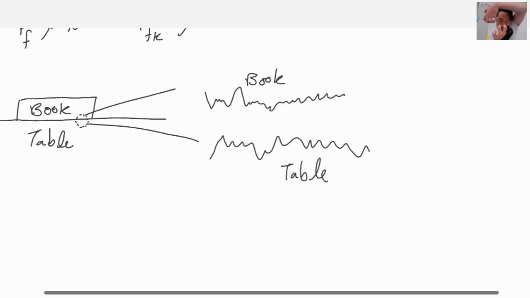So for kinetic friction, if this is my book and this is my table, when your fingers rub against each other, some of that velocity is slowed down because there are collisions happening. So the reason why friction slows objects down is due to these atomic or microscopic collisions.